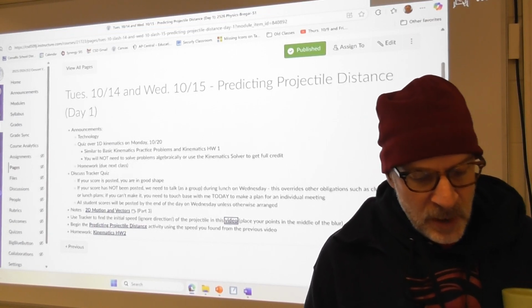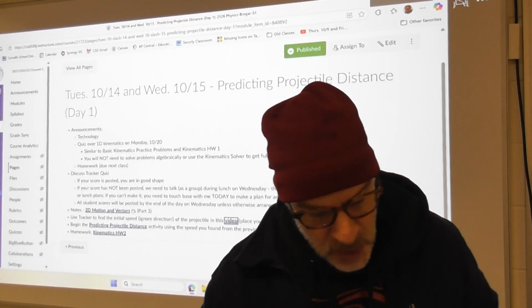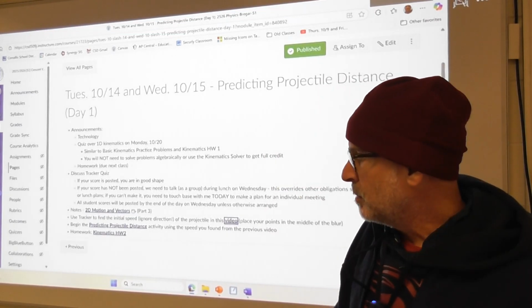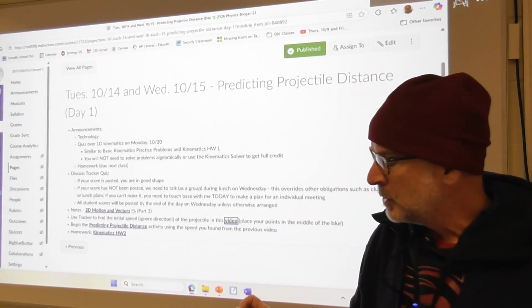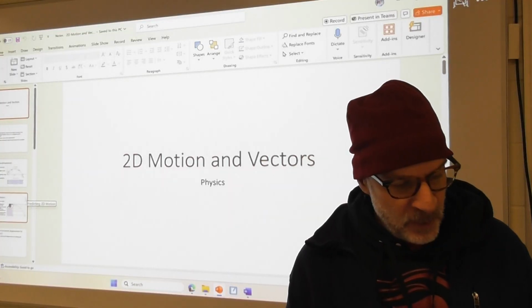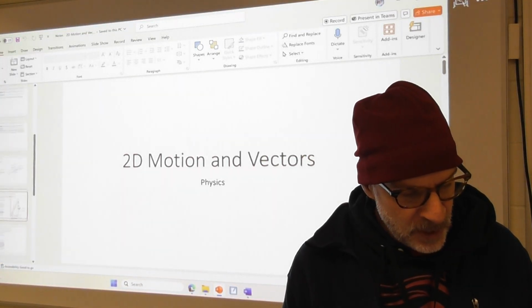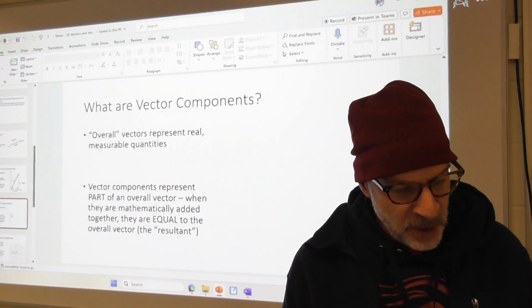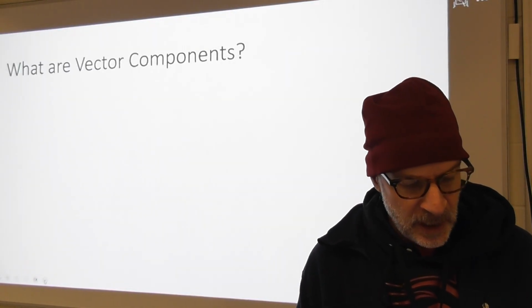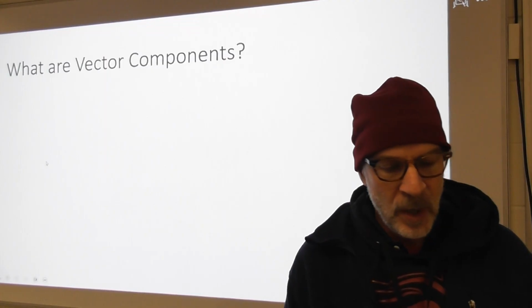Okay, so let's move on to bigger and better and more physics-related stuff, which is two-dimensional motion and vectors. So here's where we left off. We were talking about these vector components, and I'm not gonna write anything down, but just to very quickly run through it.